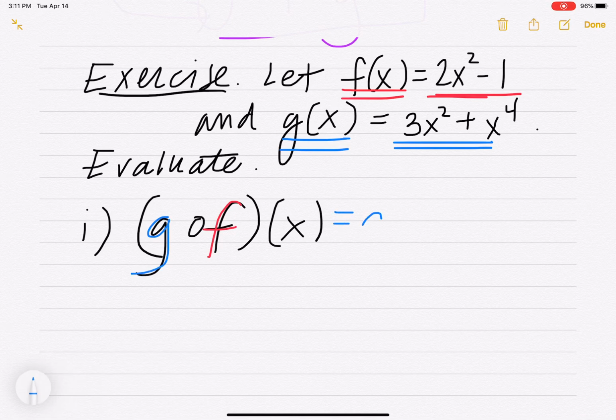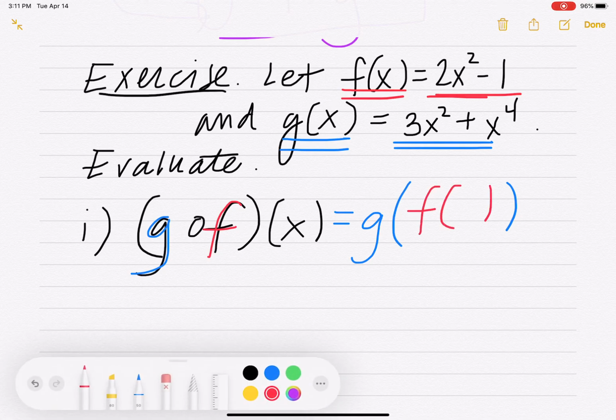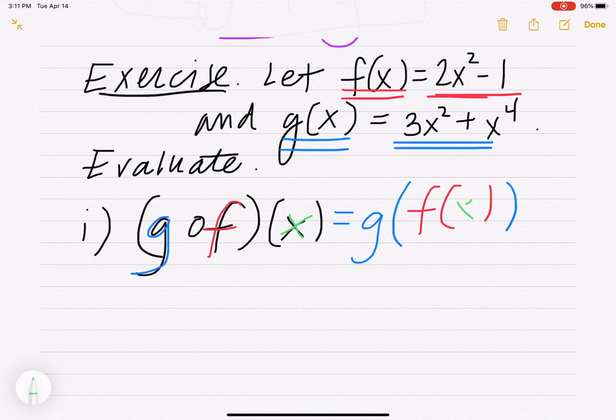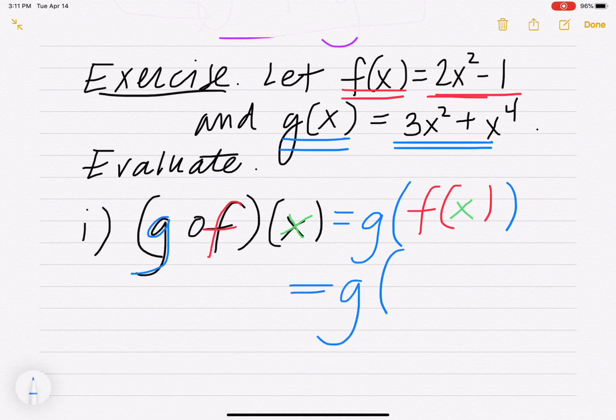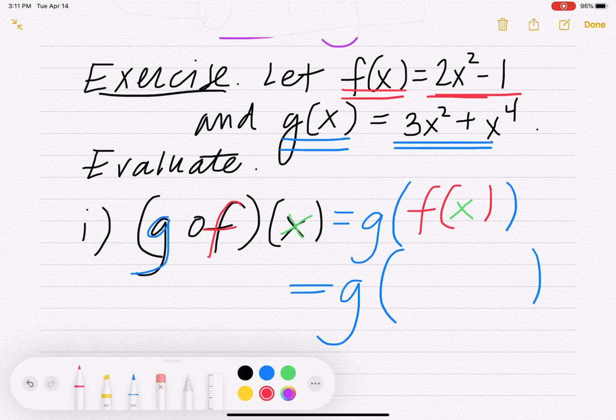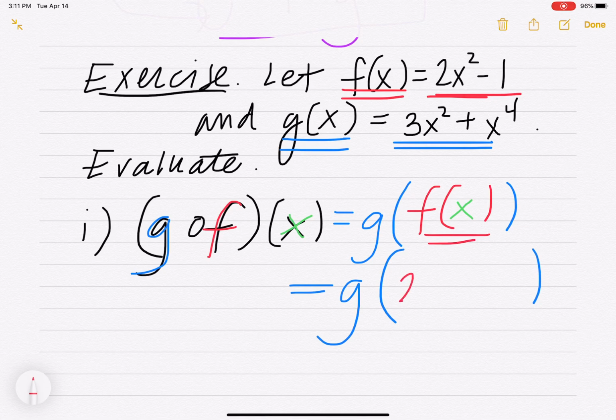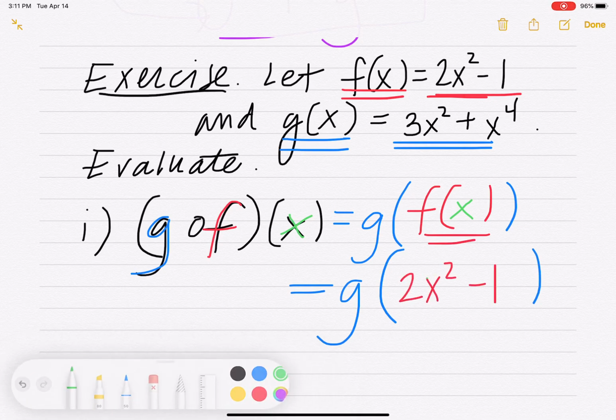So we're going to write G of, in parentheses, F of, in parentheses, X. Your first function is G, so you're going to leave that one alone this time. And inside you're going to put the F of X. What's the F of X? F of X is simply 2x squared minus 1. I'll make the X green.